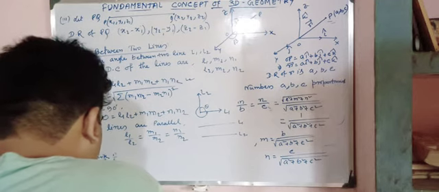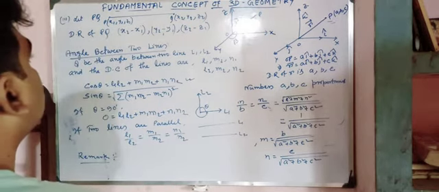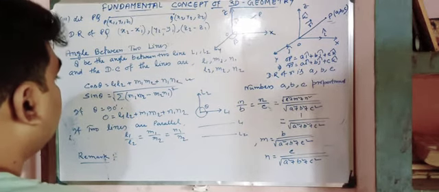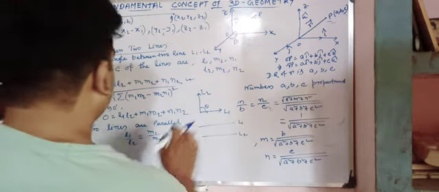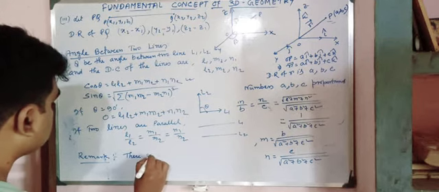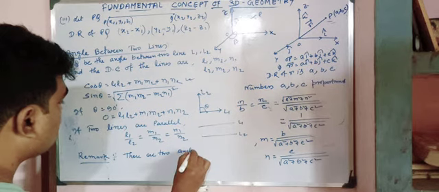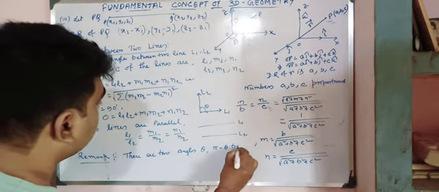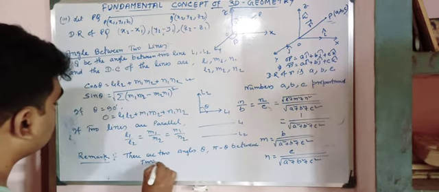In fact there are two angles, theta and pi minus theta, between two lines. Understood that?